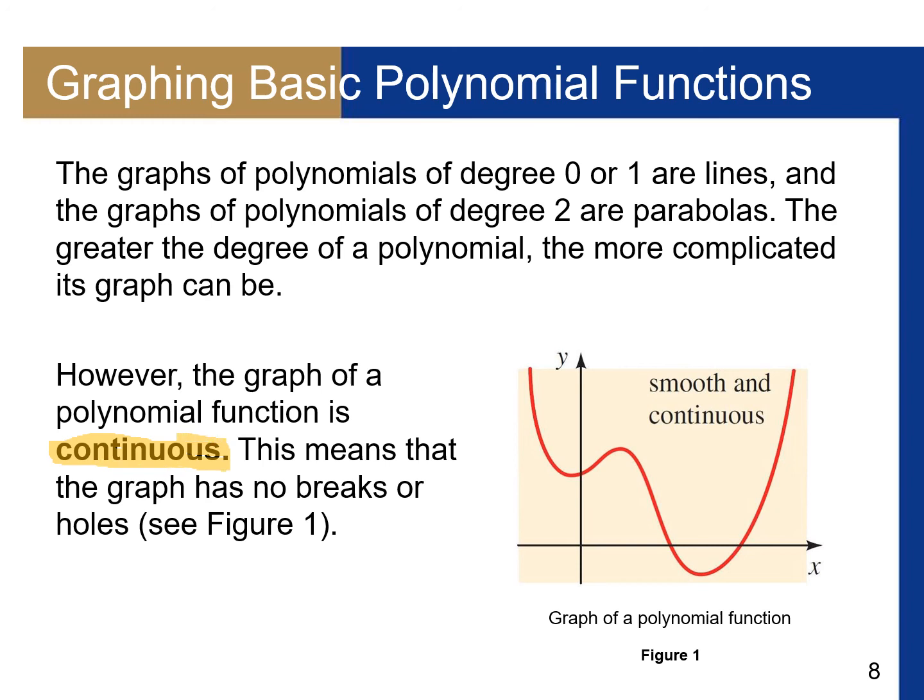Because for a polynomial function the domain is all real numbers, you're saying that all real numbers work when you input them into the polynomial. That also means if they all work, there are no breaks. So as I travel along this polynomial function, there are no breaks in the function, so that would make it a continuous function.